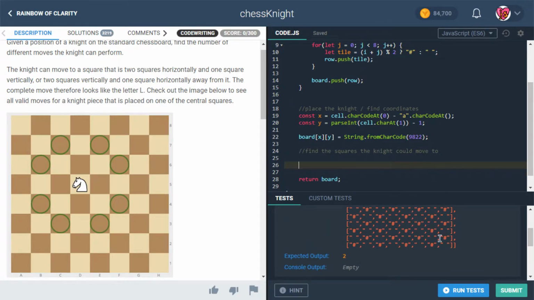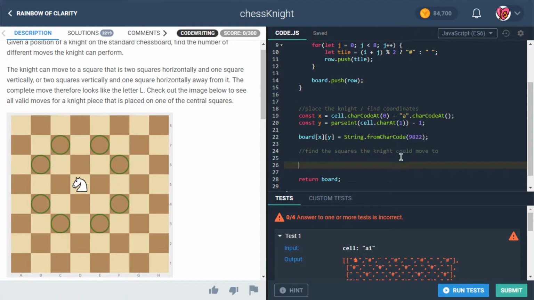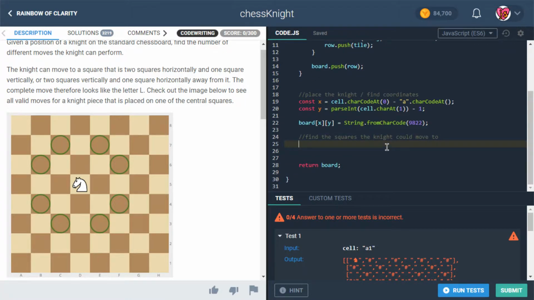Okay, cool. So the thing is, we want to find the squares that the knight can move to. We've got our initial position for the knight, but we want to know where the knight can move to from here. So what we're going to do is, let temporary x be assigned the value of x plus, let's say 2.